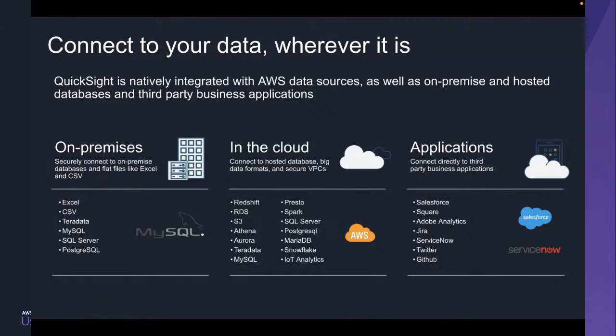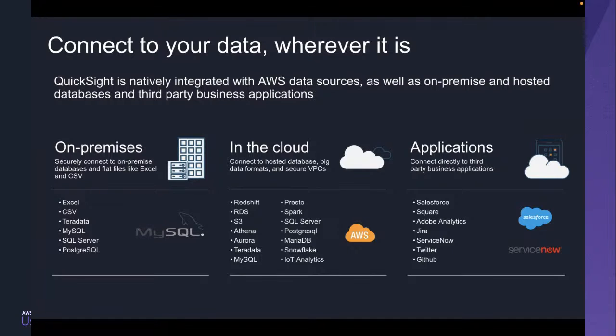And as I talked about in the previous slide, when it comes to connecting to your data, it doesn't matter whether it's on-prem, in the cloud, or in any application. Quicksight supports all three. So if you have something on-prem like Teradata or MySQL, if you have the network connectivity and access sorted, Quicksight can connect to that, like other visualization tools can.